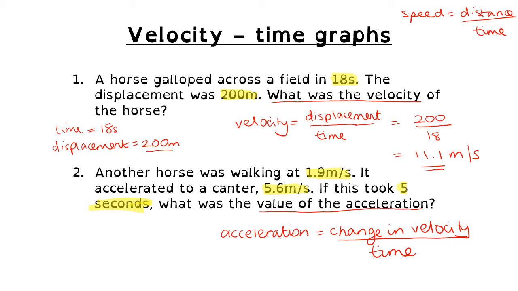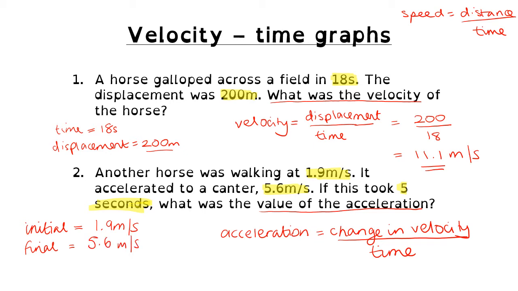Now if we look at the data that we've got, we have an initial velocity, sorry, speed and velocity are not the same thing. The initial velocity was 1.9 meters per second. That's what the horse was walking at the beginning. The final velocity, the velocity that the horse got up to, was 5.6 meters per second.